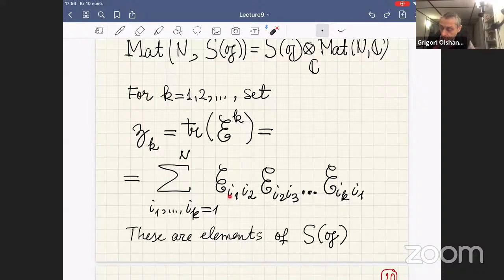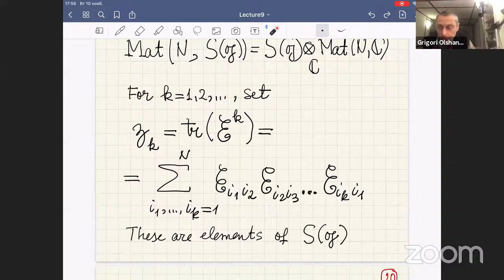So the index returns to the initial position. And we take the sum over all possible values. And what we get are some elements of this algebra, which are these Z_k, our definition.